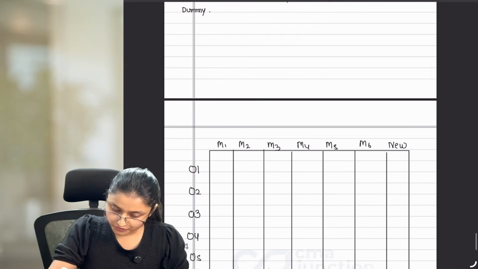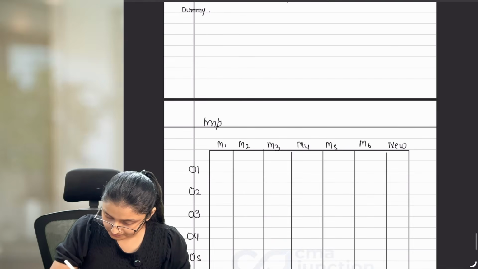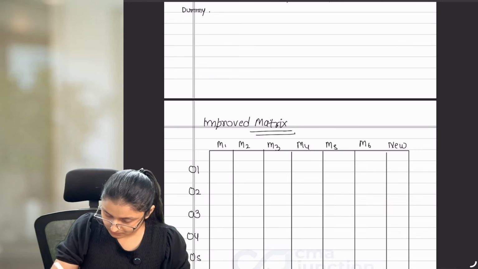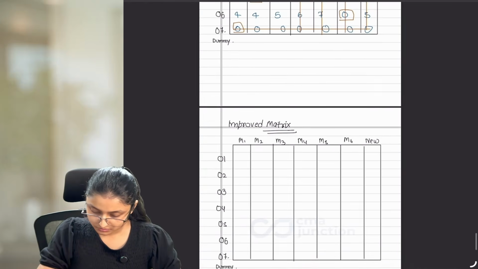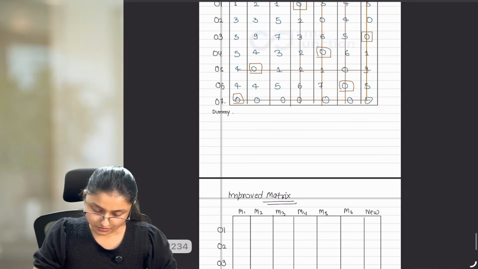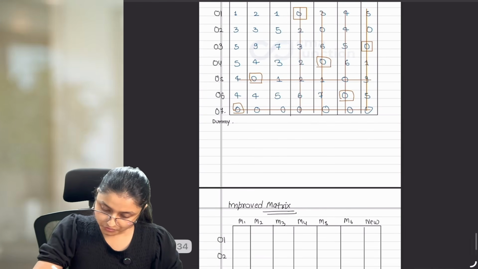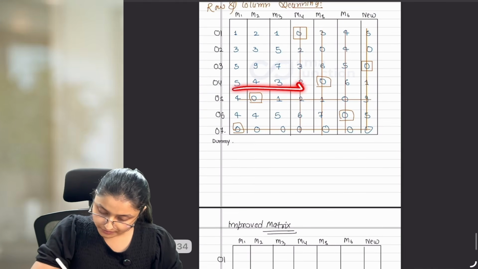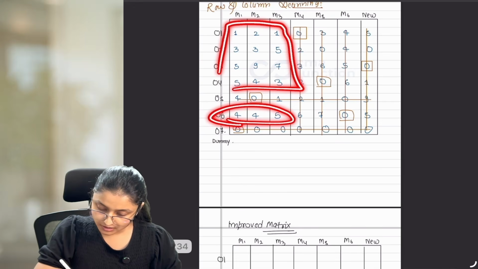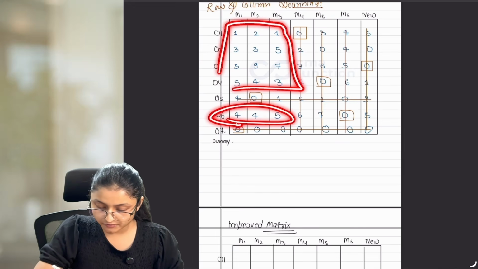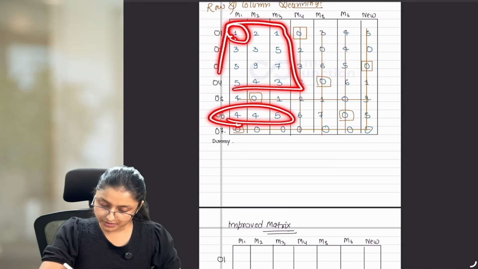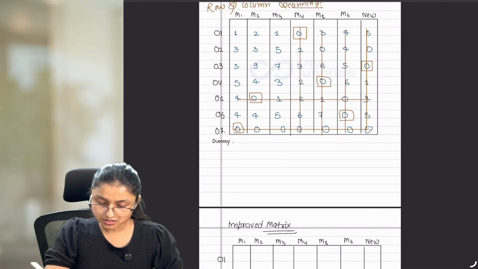This is our improved matrix. Now, for improving the matrix, check your uncovered elements. Out of all these uncovered elements, whatever is your least uncovered element, reduce it from all the uncovered elements. So 1 is the least uncovered element.